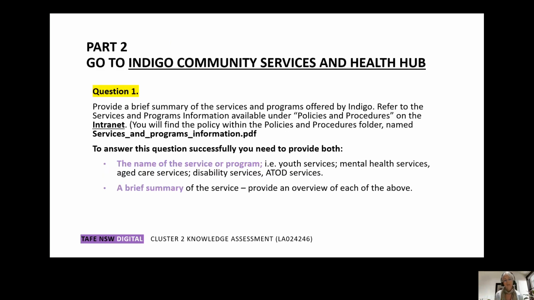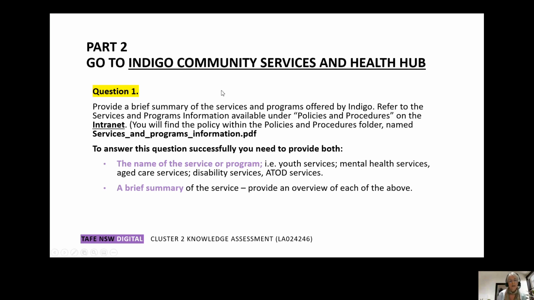Okay, part 2 is pretty straightforward. You need to go to Indigo Community Services and Health Hub, and it outlines here exactly where to find the information to answer the first question. But in your assessment, when you open it, straight from the assessment tab, you should be able to click on the Indigo link that's in the assessment that will take you directly to Indigo.